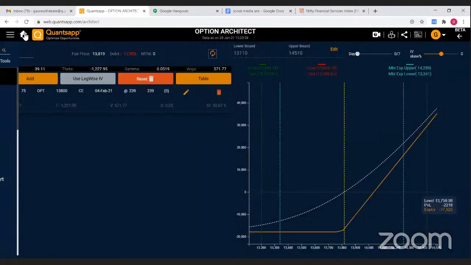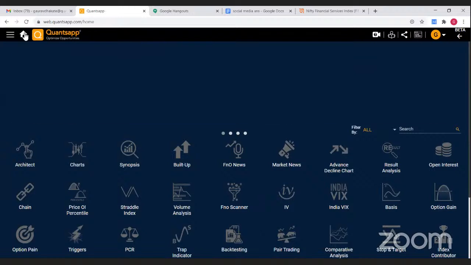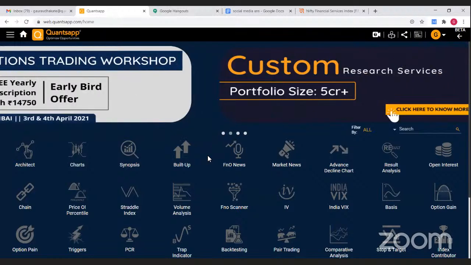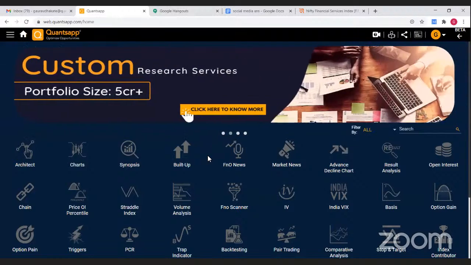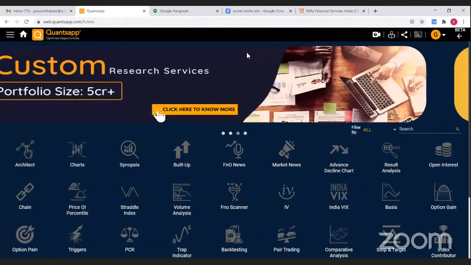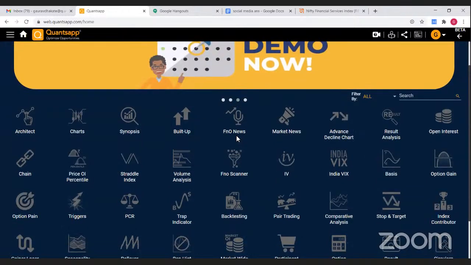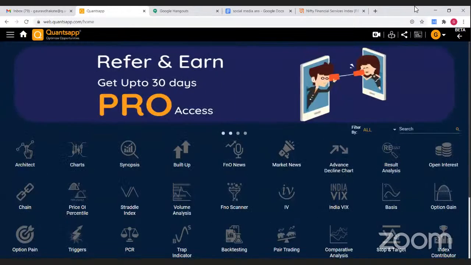Before going to the tools, I'll quickly take you through the new user interface that we have launched very recently. This looks more like a mobile phone user interface. You can see the banners on the top, and below that you have the list of all the tools that we have.